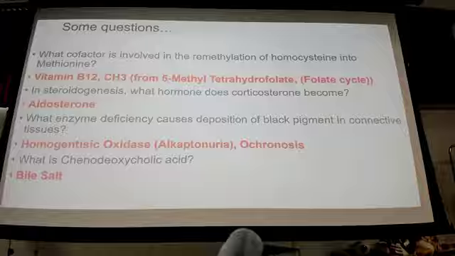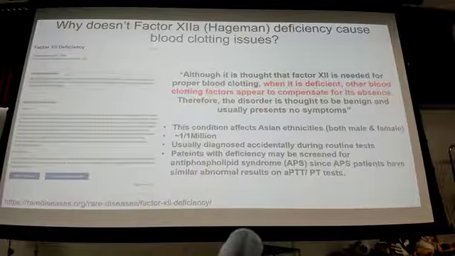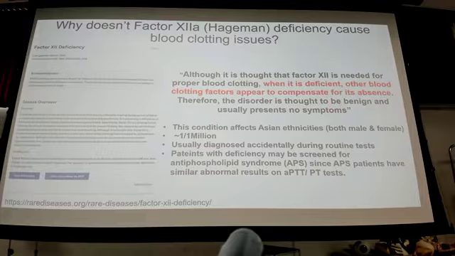You guys asked very good questions in class, and I appreciate it because it shows me that I'm getting old and either I don't remember what I was taught or I never knew. There was a good question about factor 12 yesterday. The take-home message is that they believe the other factors compensate for its absence.